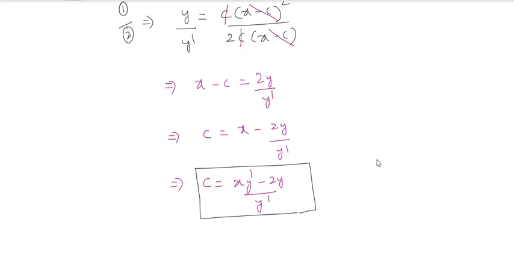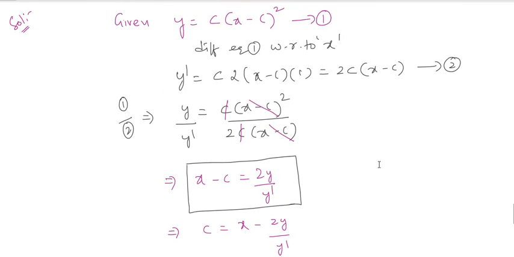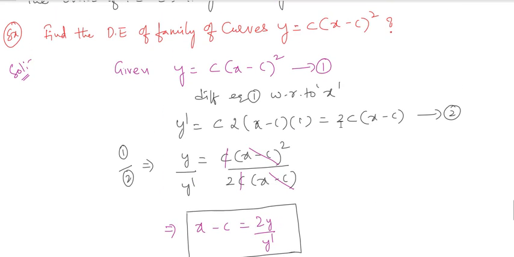Yeah. Now, this is the value of your x minus c. So these two values, if you substitute them in equation 1, then obviously the c value will be eliminated or not?